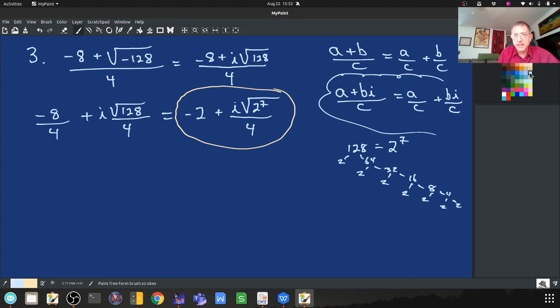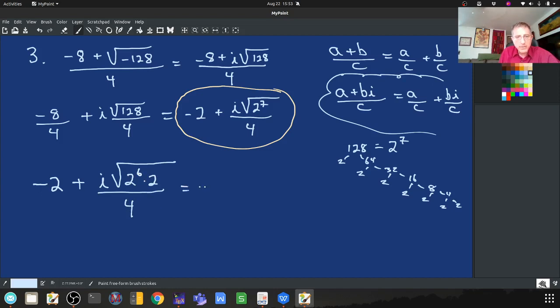Let's rewrite this. The minus 2 doesn't change, the real part of the complex number. But now you have to remember how to treat this numerator. 2 to the 7th is the same as 2 to the 6th times 2, and all of this is divided by 4.